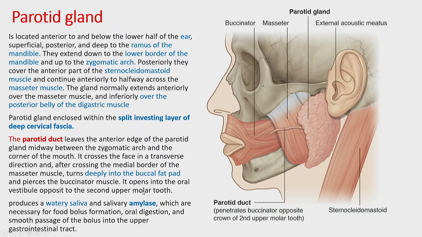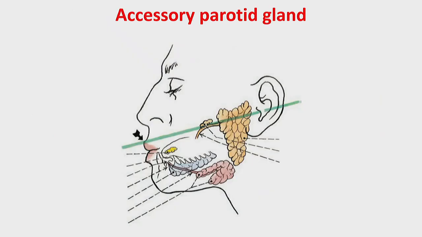The secretion of the parotid gland is pure serous secretion, so it is a watery saliva and contains amylase for the splitting of starch, which is important for food bolus formation and oral digestion.